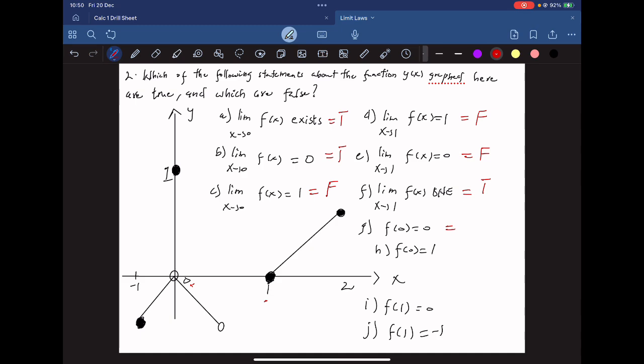Now, f of 0 is equal to 0. This is f of 0, this is 0. Now, is f of 0 equal to 0? No. What we use to determine this is the shaded regions. Looking at 0, we see that we have an unshaded region right here, right?